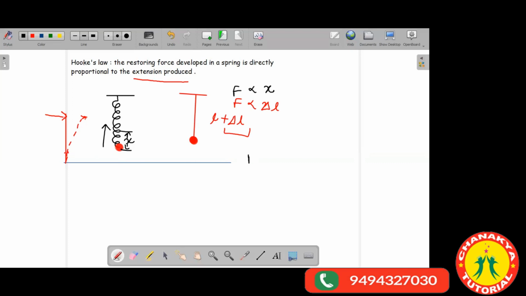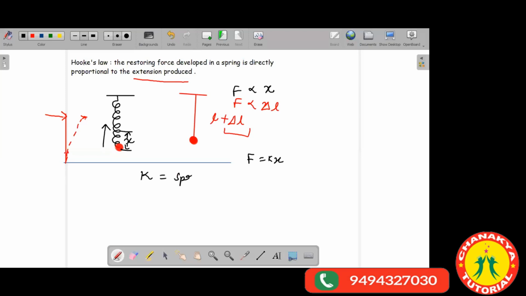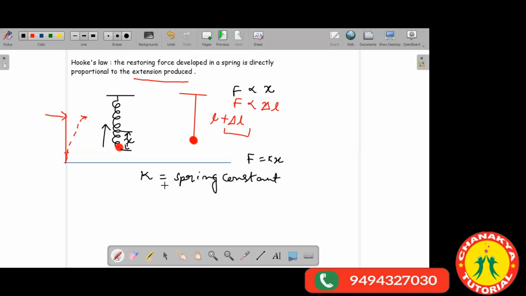So we write it as F equals Kx. Here, K represents the spring constant, also called the force constant.